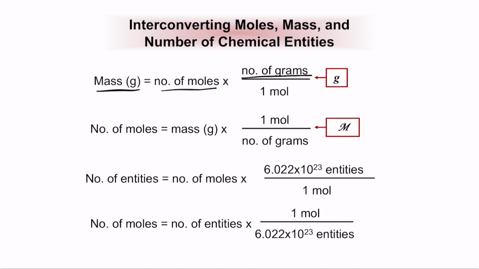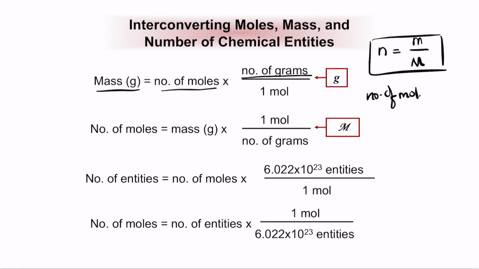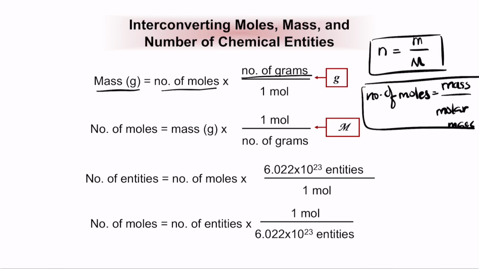The number of moles is generally given by the representation n, small n. So n is given as mass by molar mass. The number of moles of a quantity is given by mass by molar mass.